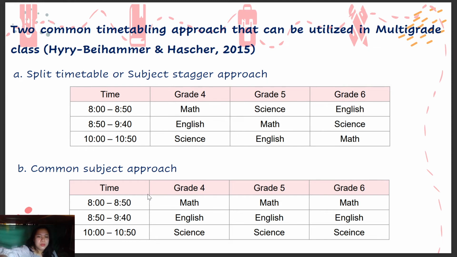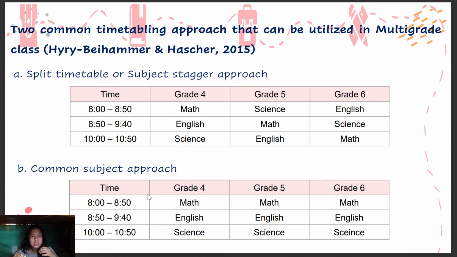For example, dito, grade 4 math. Sa grade 5 math, grade 6 math. Same time, 8 to 8:50, math sila lahat, but different difficulties. For example, sa grade 4, ano sa kanila? Skip counting by 2 or ano ba yan? Sa example, grade 1, ito lang na alam ko eh. Grade 1, in place value, 2 digits lang yung topic nila.